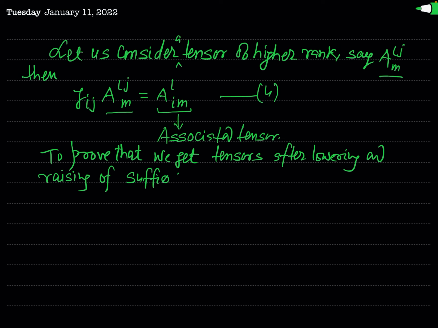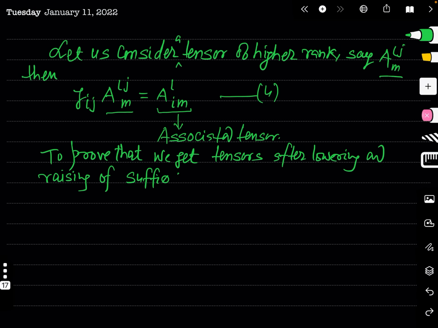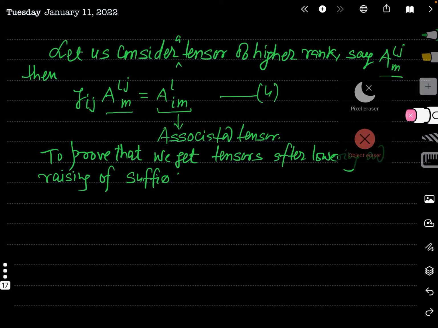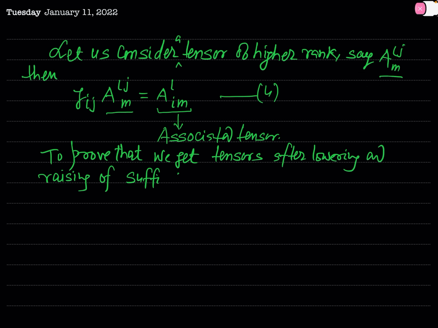Lowering and raising of suffix. We have to prove this important fact. It means you have to show that after the inner multiplication of a given tensor with the fundamental tensor, the result is again a tensor. And for this, you can consider any equation from 1 to 4.